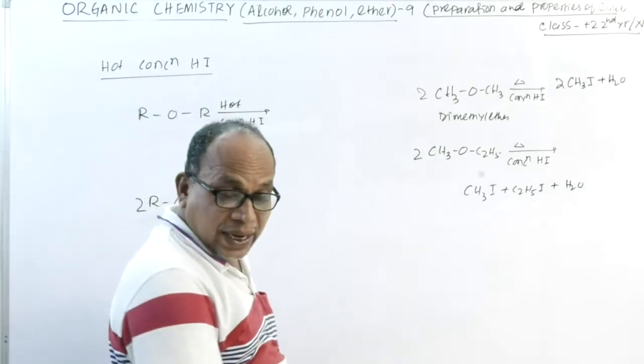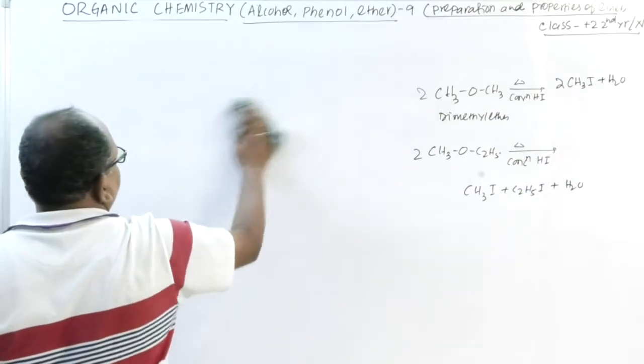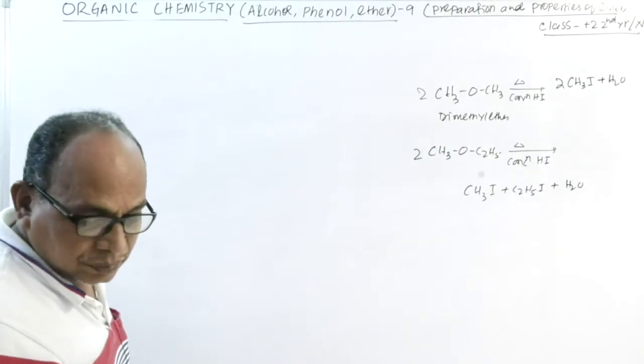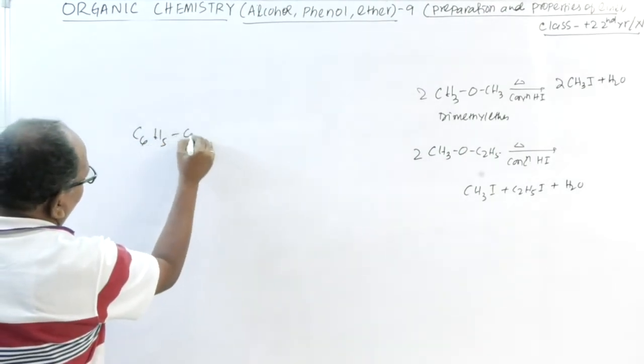But when you take anisole, what is anisole? That is C6H5OCH3.